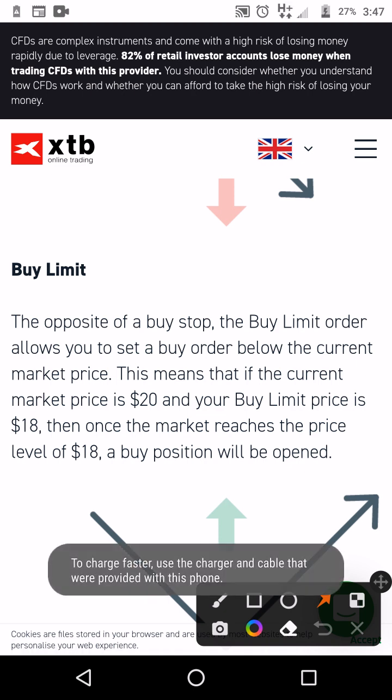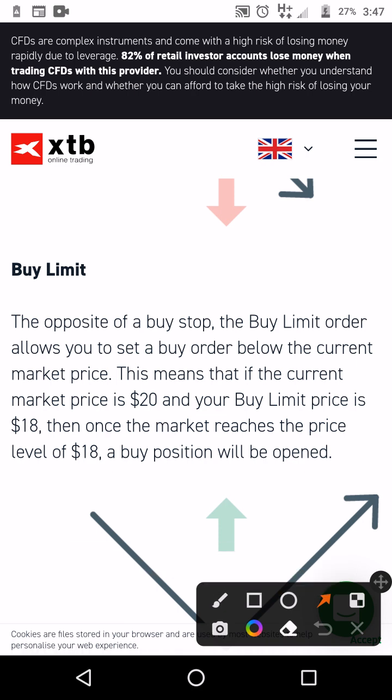Once you set a buy limit at 18 US dollars, it is not opened at first. It is placed in queue. It is pending until the market price reaches where you want to buy.